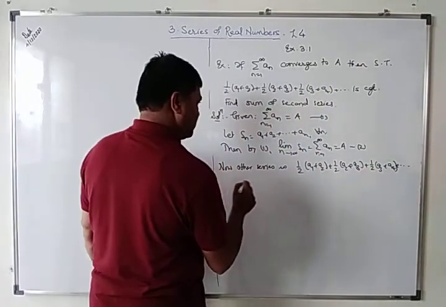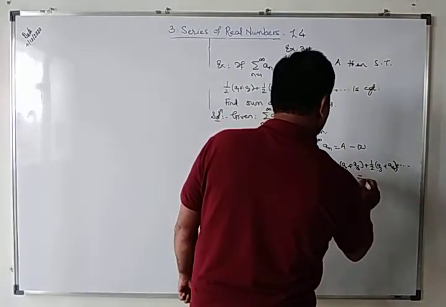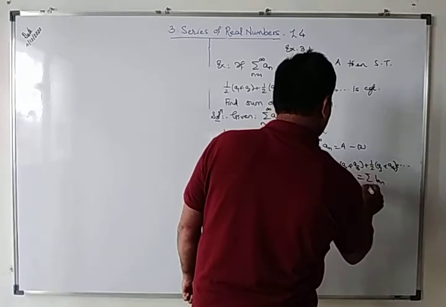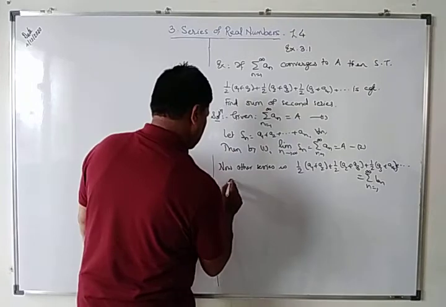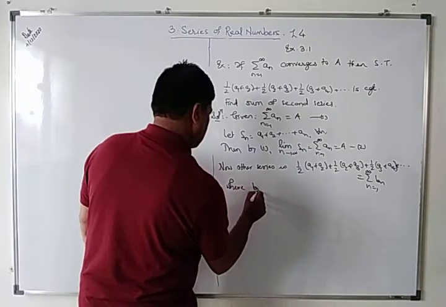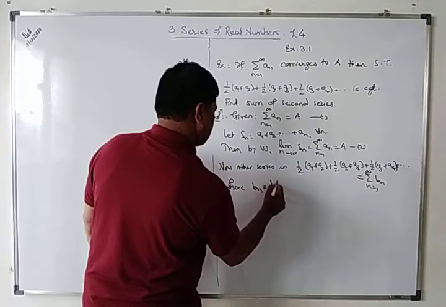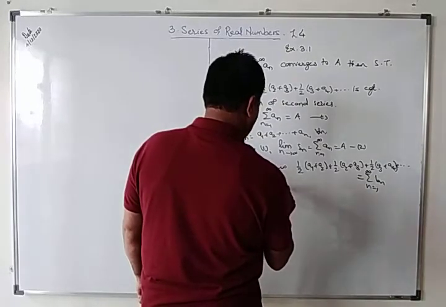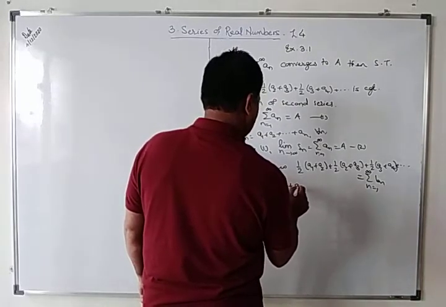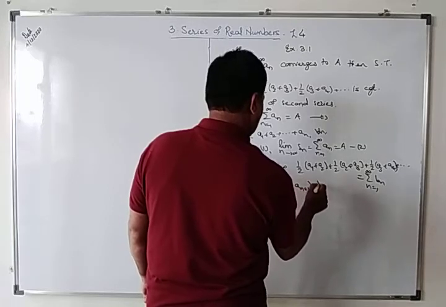Say this series is equal to summation of b_n, n equal to 1 to infinity, where b_n is equal to half times (a_n plus a_{n+1}) for every n.